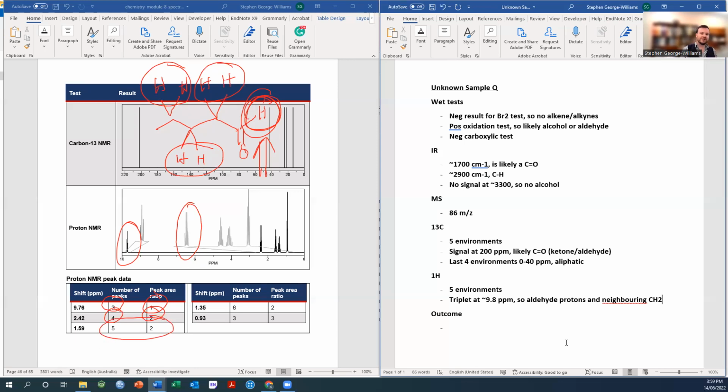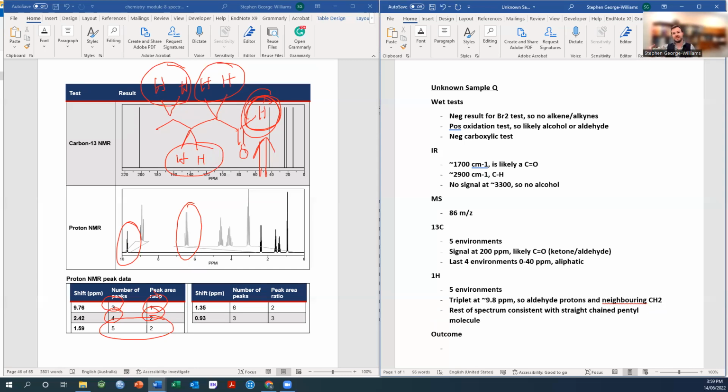Continuing down, I'm just going to keep proving that. So really what I would say is rest of spectrum consistent with straight chained pentyl system.